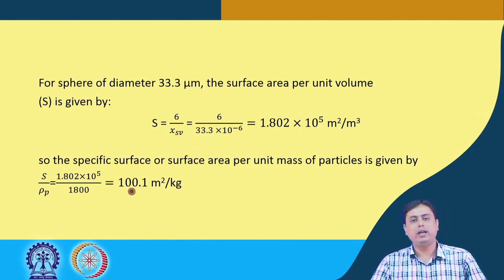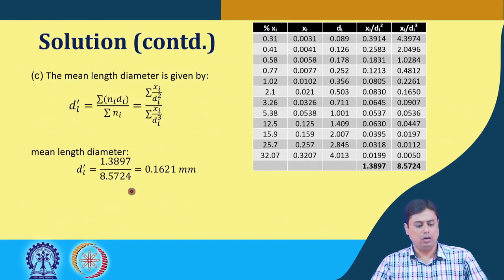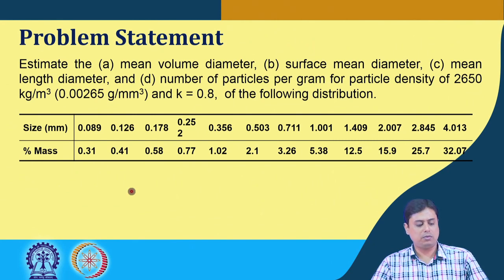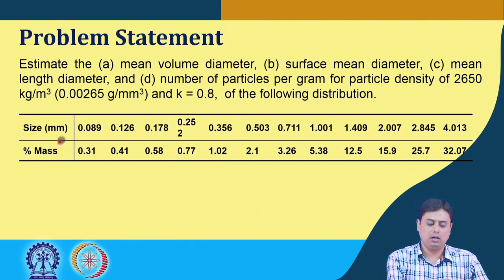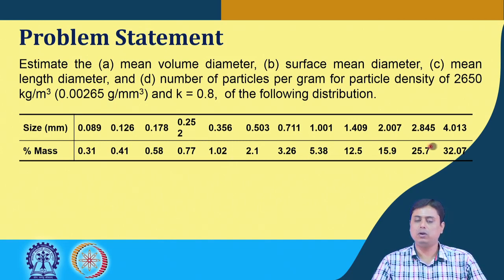So, what we have learned today? We have seen two problems. Let me quickly summarize or go through once again both the problems. So, the first problem was, mass fraction size distribution was given.